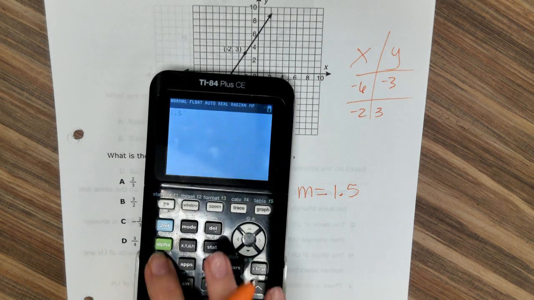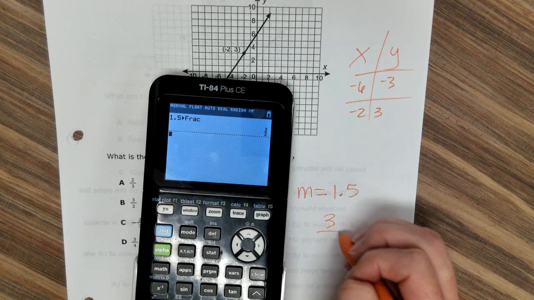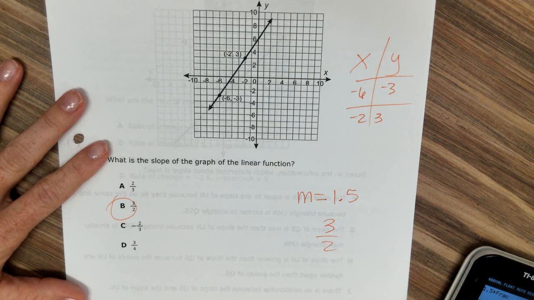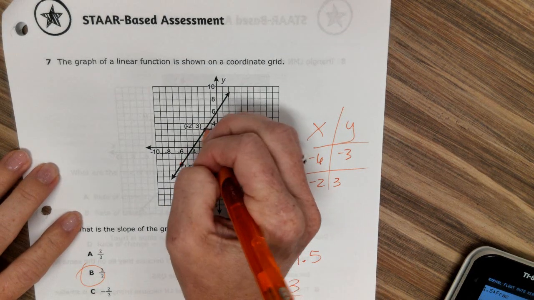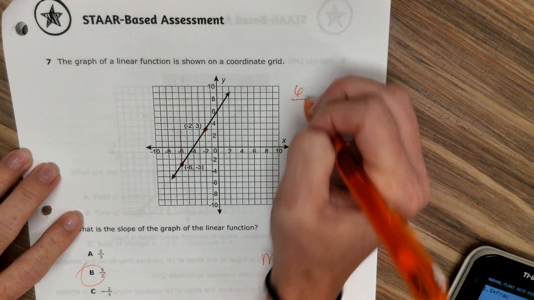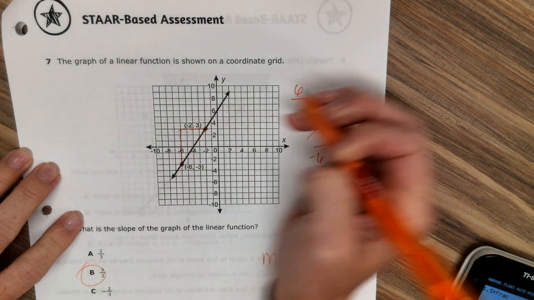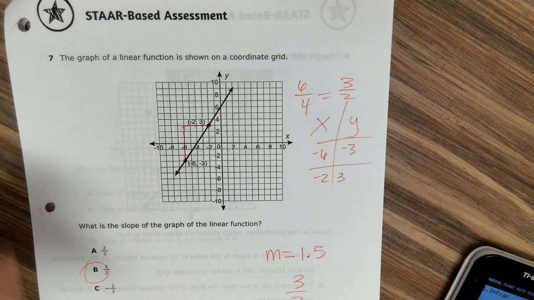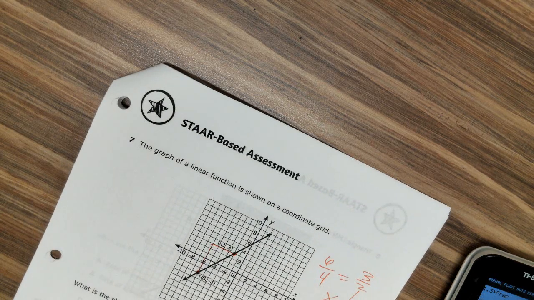So 1.5 as a fraction is really 3/2. If I did rise over run, I would have gotten my rise to be 1, 2, 3, 4, 5, 6 over 1, 2, 3, 4. And 6 over 4 also simplifies to 3/2. So either way, you would have had the correct answer.